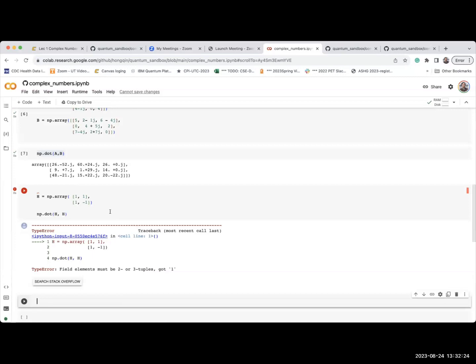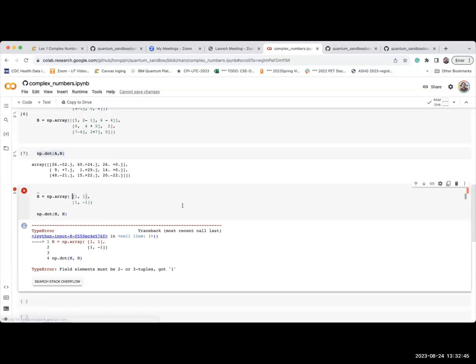I have an error somewhere. I think you're missing a square bracket at the beginning, and here also at the end.